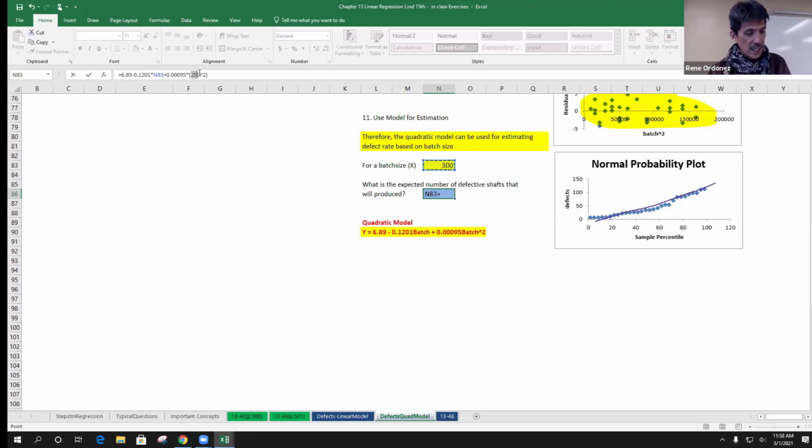Instead of 250, we will replace that with the cell location of the value of X. So there you go, 56. If I ask how many defective units will be produced if I have a batch size of 400? There you go.